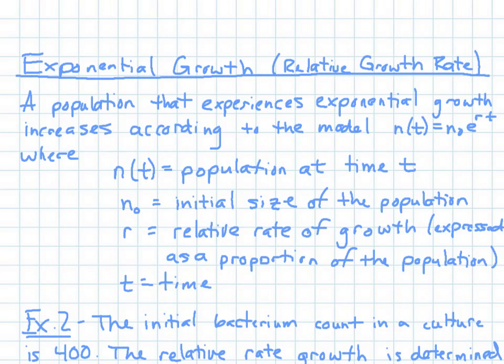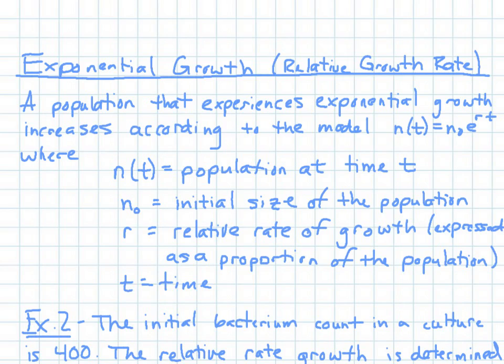Now, next one is just general exponential growth. Exponential growth just means relative growth rate. This could be any value, but now we're going to use our base of e instead of a base of 2 because it's talking about exponential growth.